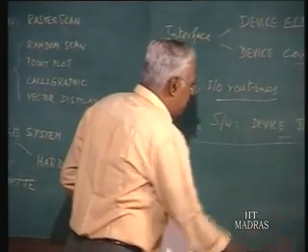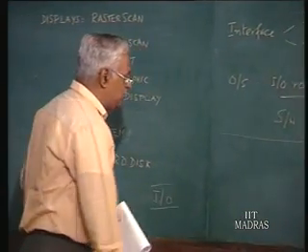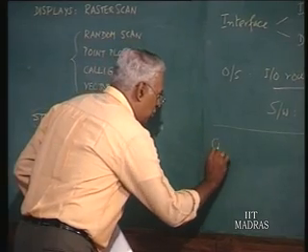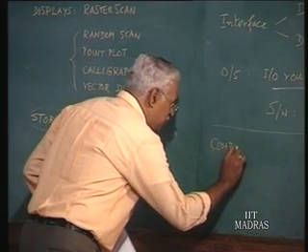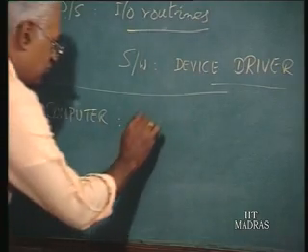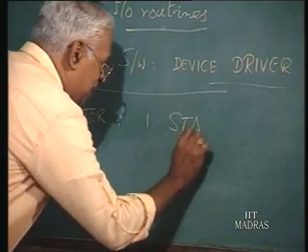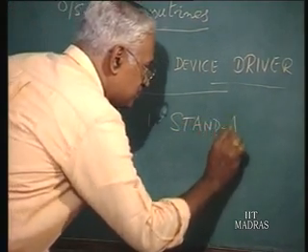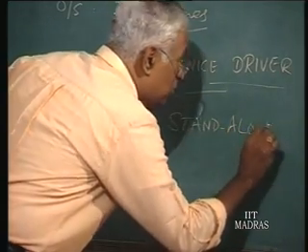Now, we will just take a look at two other things. Whenever we talk about computer systems in general, of late we talk about two things. One is standalone computers.